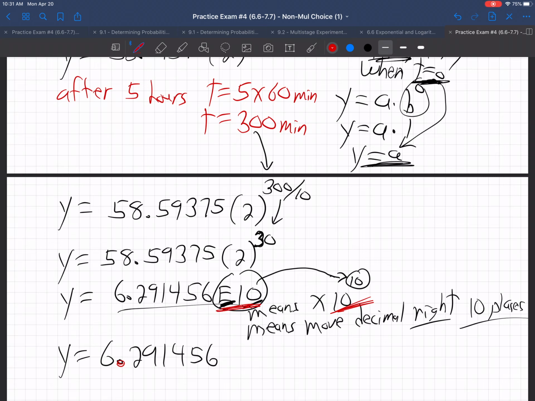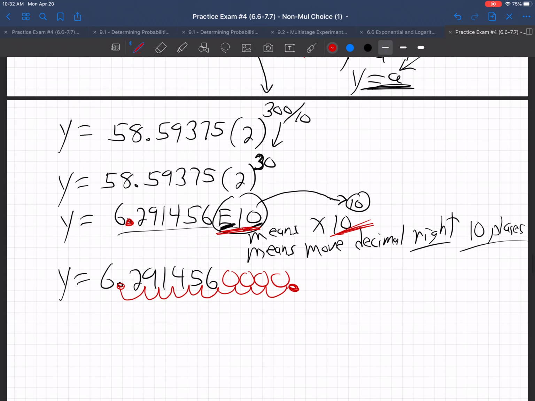That's what your calculator is telling you with this E10, that the decimal doesn't really go here. It's just putting it there for a moment. It goes 10 to the right. 1, 2, 3, 4, 5, 6, and I'm at the edge of the number. 7, 8, 9, 10. So the first 6 jumps take me to the edge of the number. The other 4 go beyond the edge, so they bring in zeros.